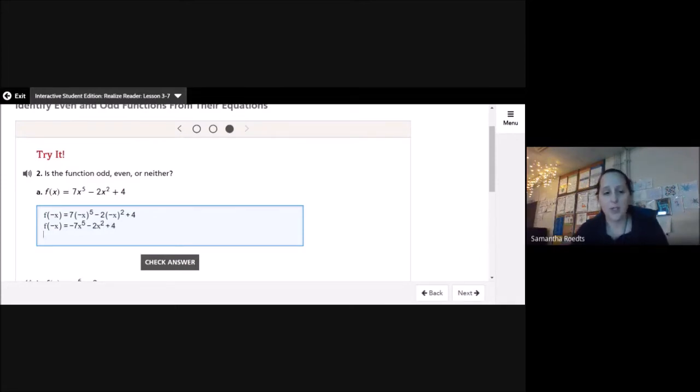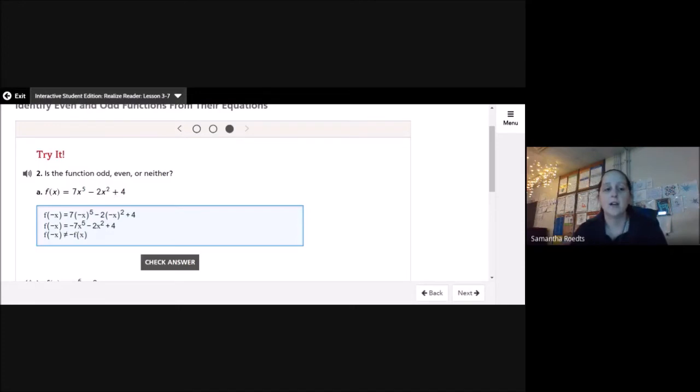Okay, so f of negative x does not equal negative f of x, because I can't pull out a negative.